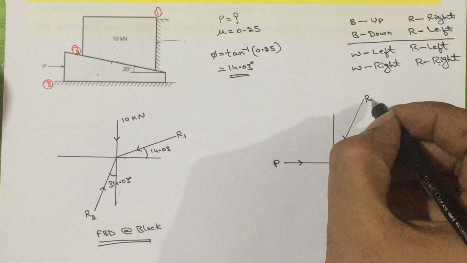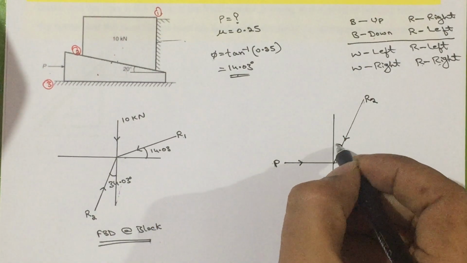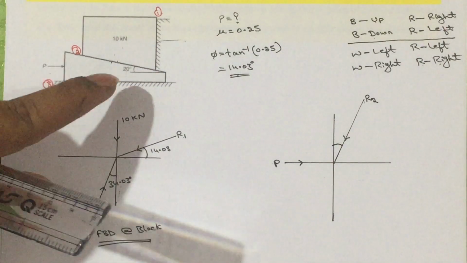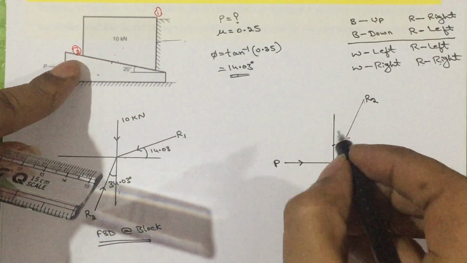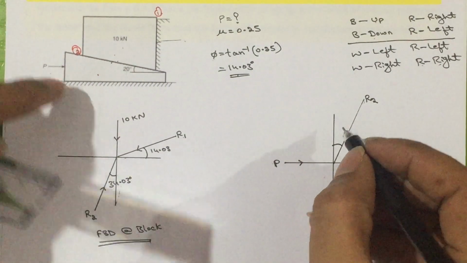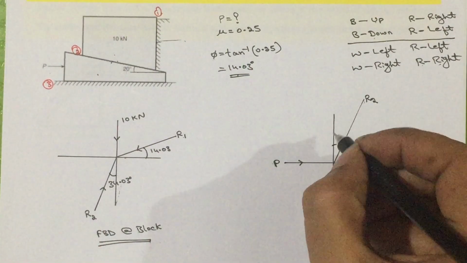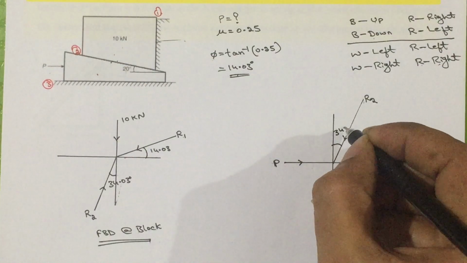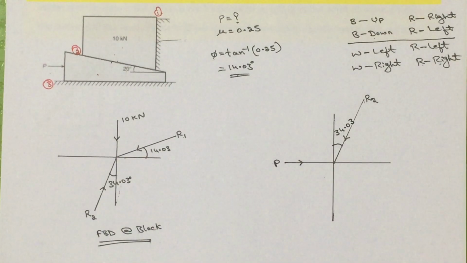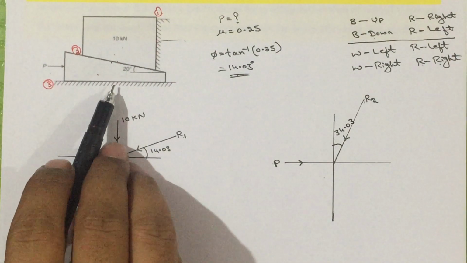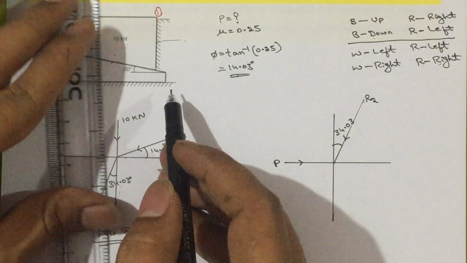Second contact surface, R2. Then the angle with respect to the normal is, since it is an inclined plane, theta plus phi. So theta is 20, phi is 14.03, that is total 34.03. Then here we have another contact surface.